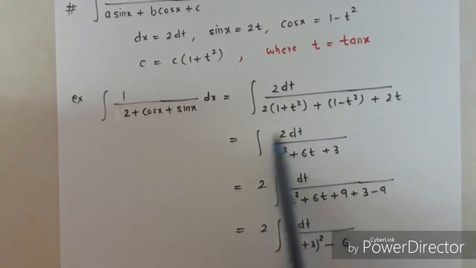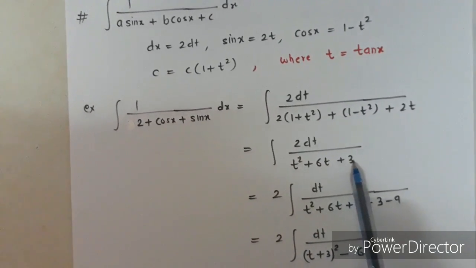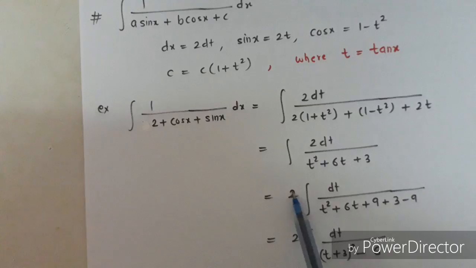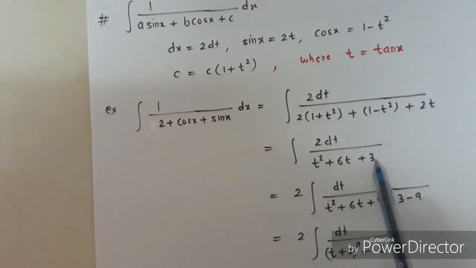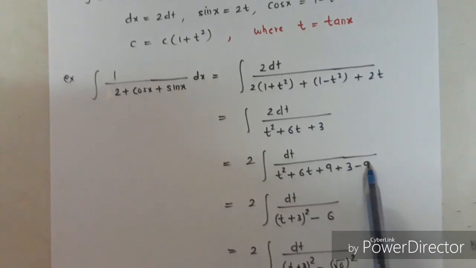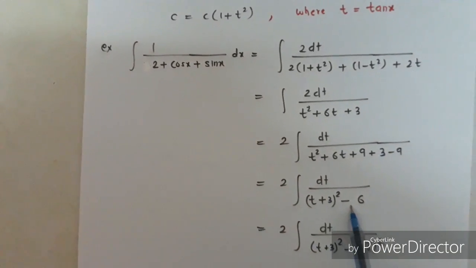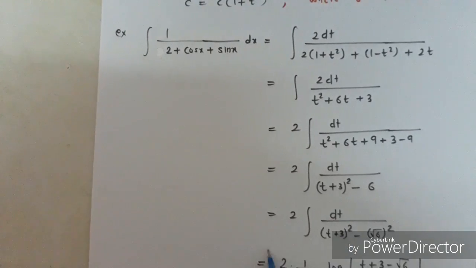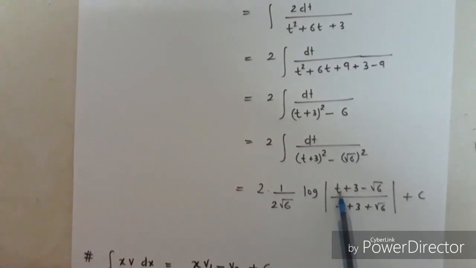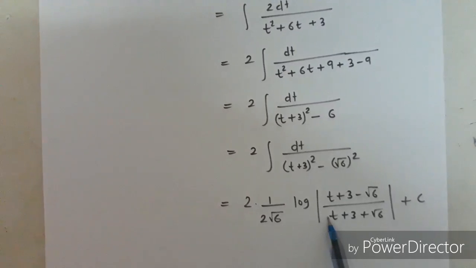On simplification we get 1 quadratic, t square plus 6t plus 3. 2 is constant outside. Now this quadratic can be solved by completing the perfect square method. So when you complete the perfect square method, this is what you get, whose integral is this, and finally in the final answer t will be replaced by tan x.